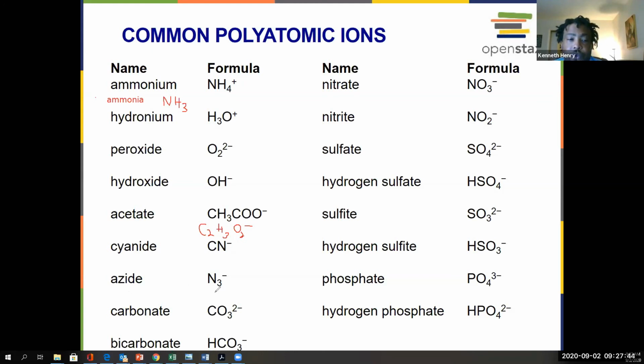Azide, N3 minus. Carbonate, CO3, 2 minus. Bicarbonate puts a hydrogen here. This is also called hydrogen carbonate. Both answers will be acceptable.